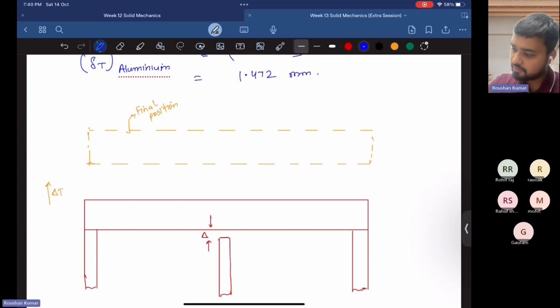If you see, this is the initial position of the aluminum, and due to the temperature change, the final position of this aluminum is this one.